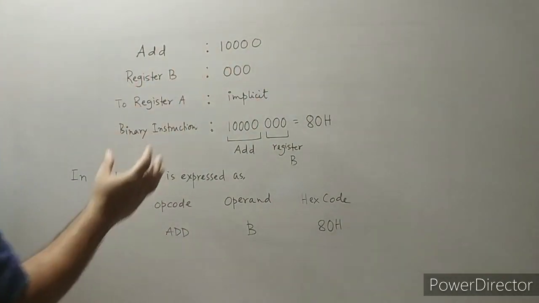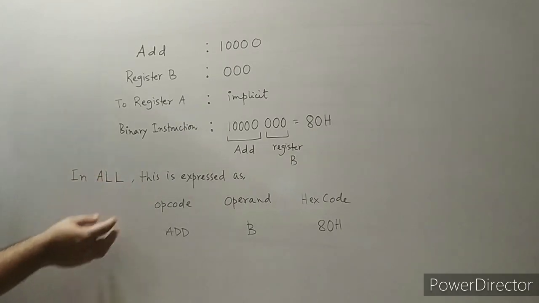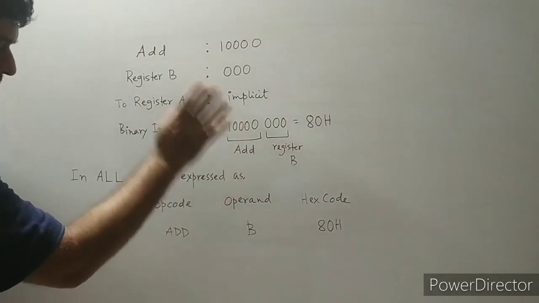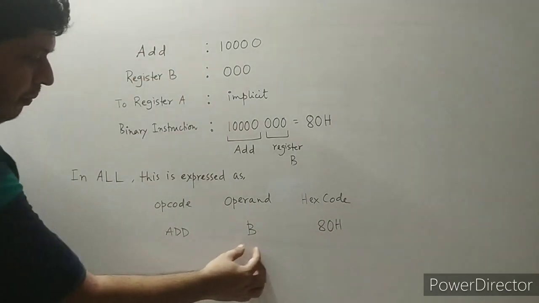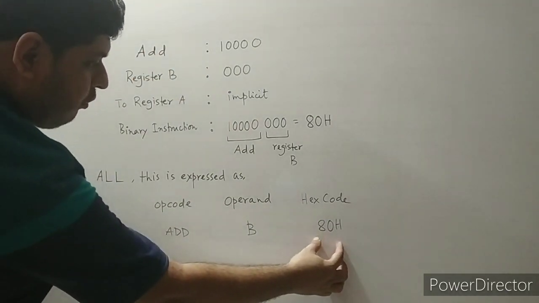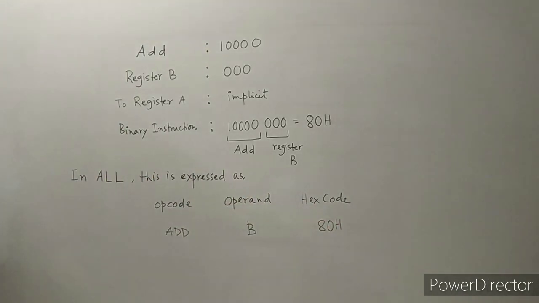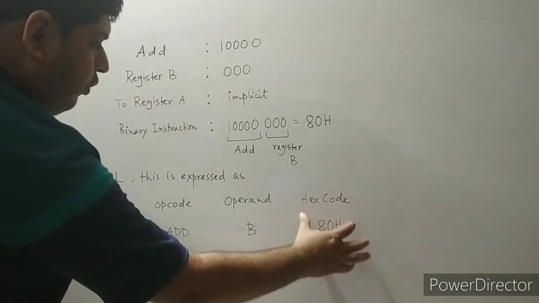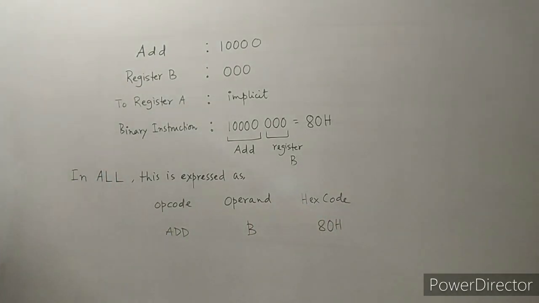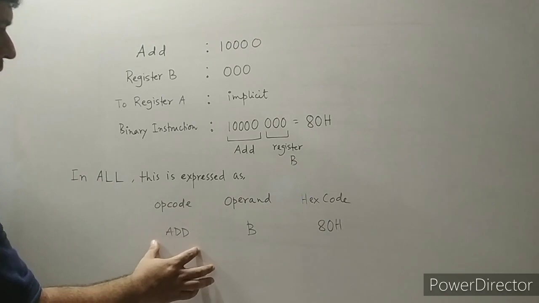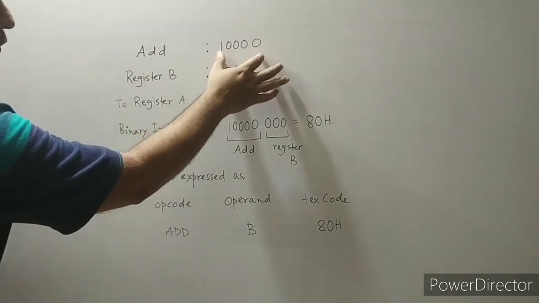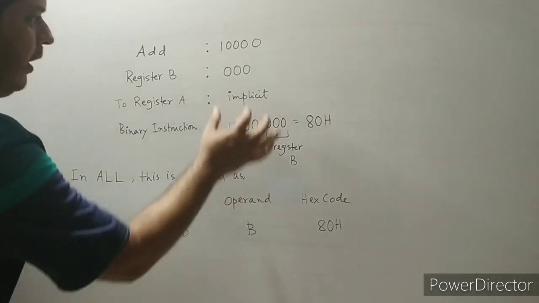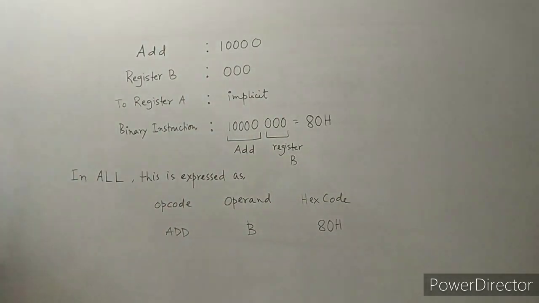So in assembly language this is expressed as ADD B, and the corresponding hex code will be 80H. The opcode is ADD, the operand is B, and the hex code will become 80H. The opcode contributes 10000, the operand B contributes 000.